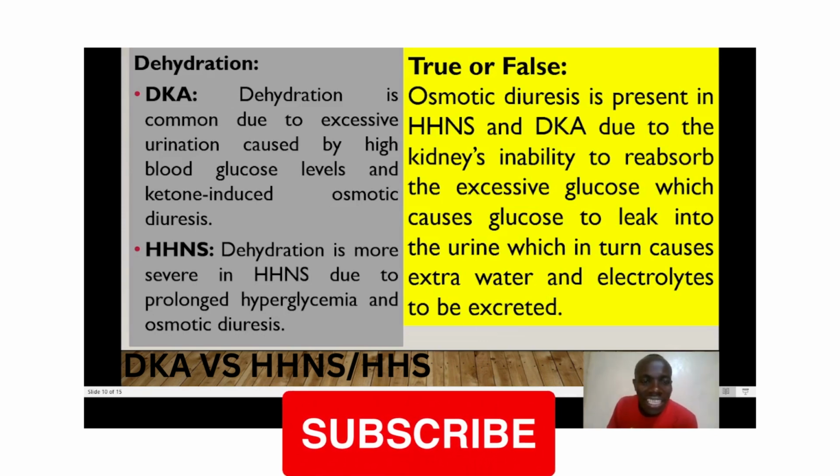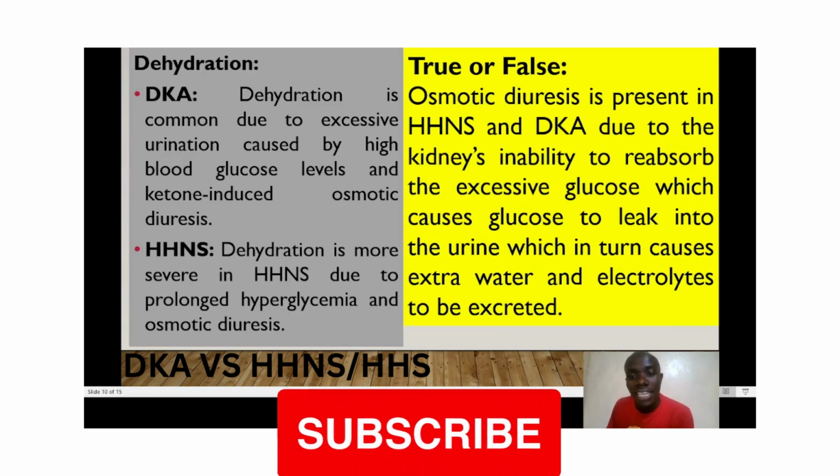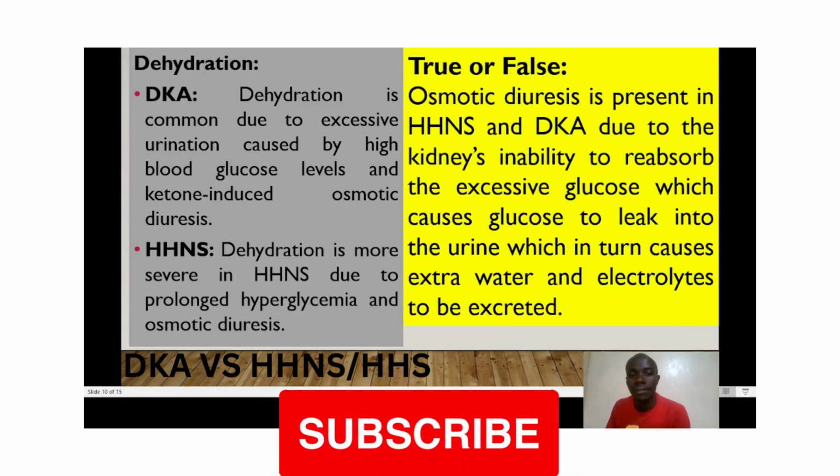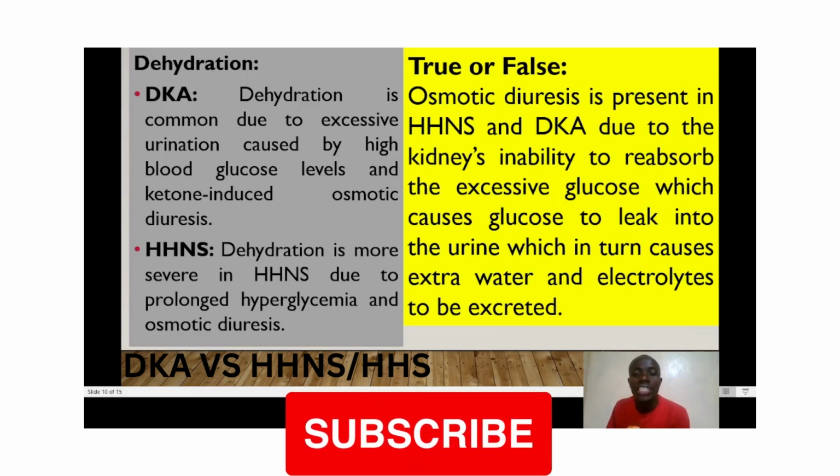What about the dehydration? In terms of dehydration, we're saying in both cases we are going to have dehydration. But because in HHNS we have more glucose, we're going to have more severe dehydration, due to prolonged hyperglycemia and osmotic diuresis.